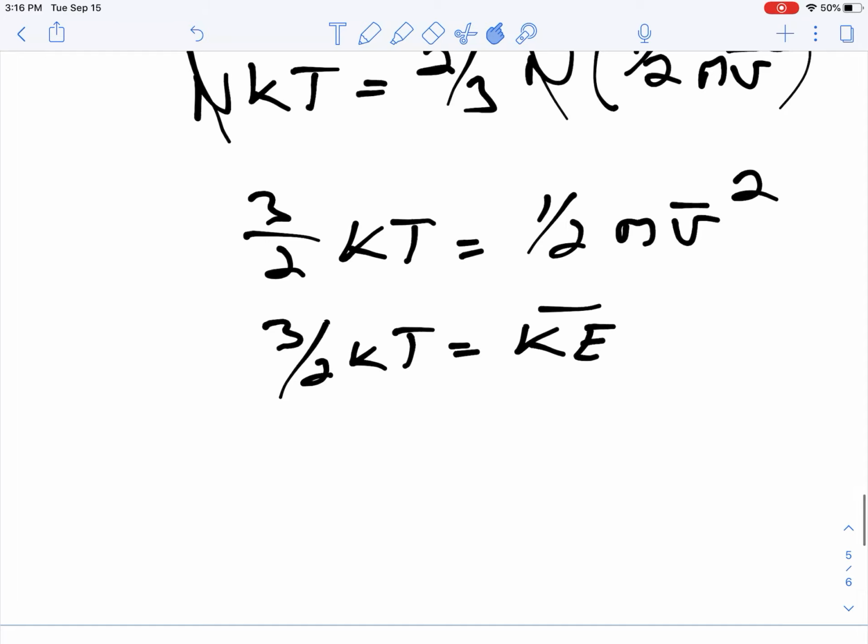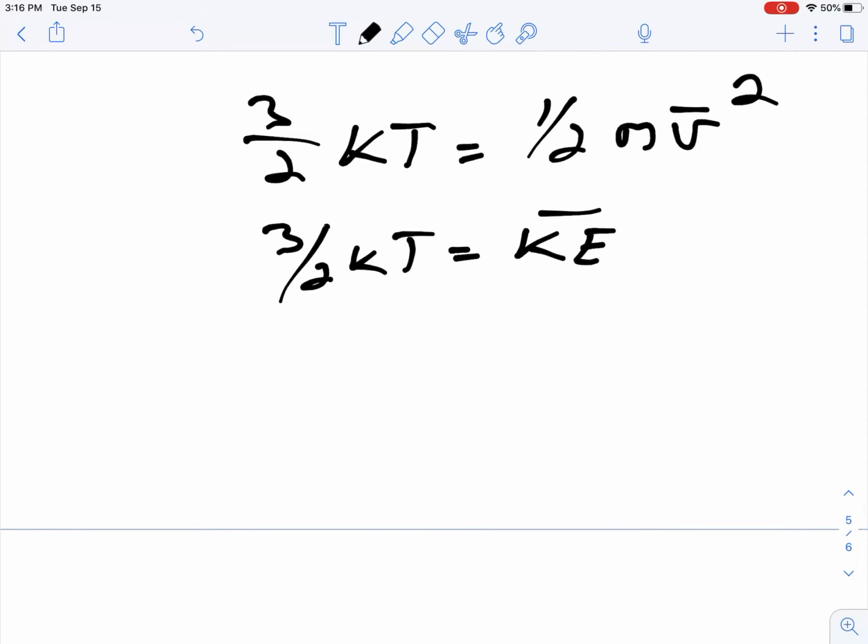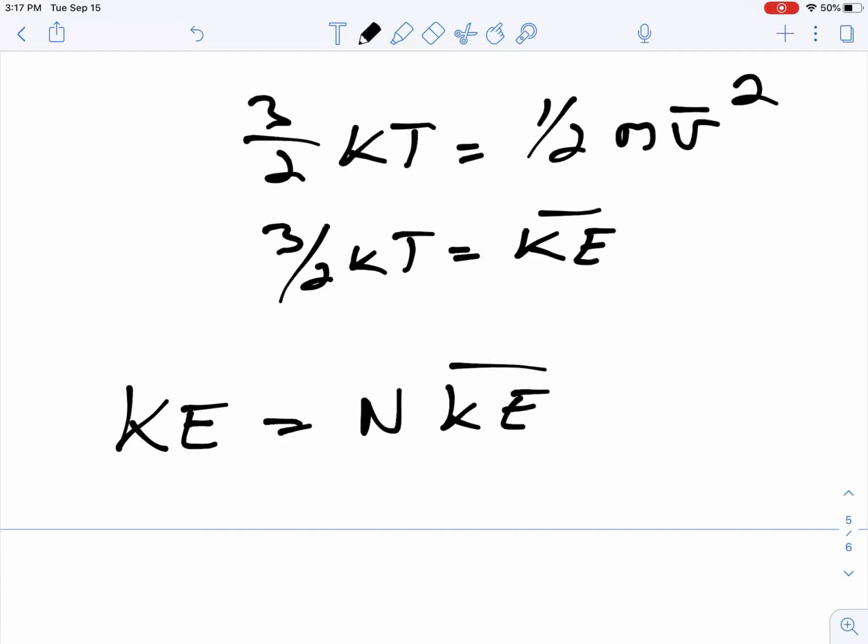What if I want to know the total kinetic energy? Well, maybe this will make sense. The total kinetic energy should equal the number of particles times the average. If the average is just add them all up and get the total and divide by n, then if I multiply the average by n, I should get the total.